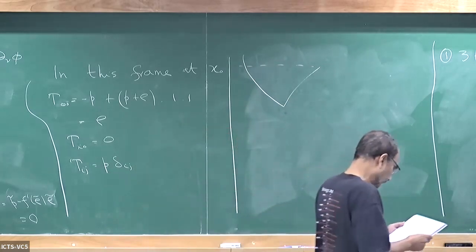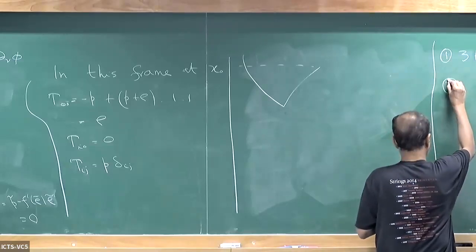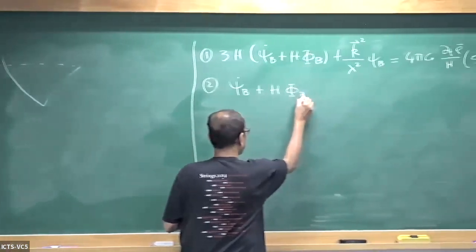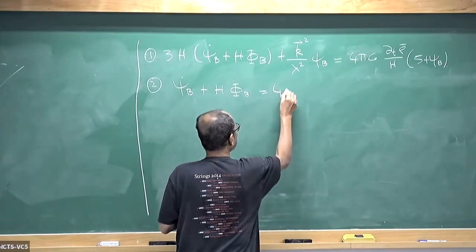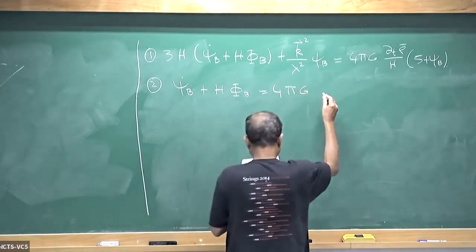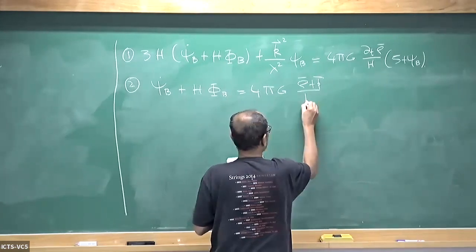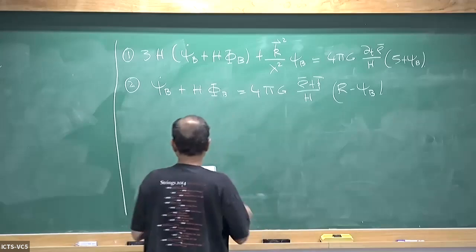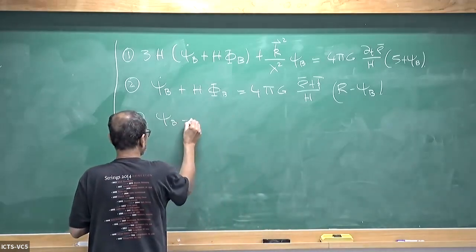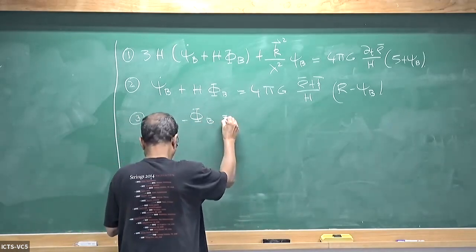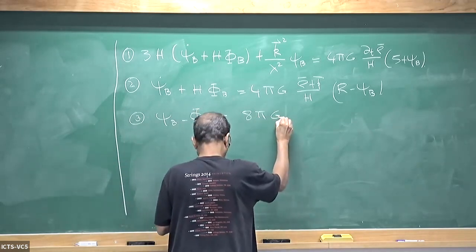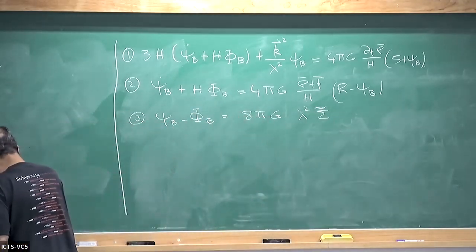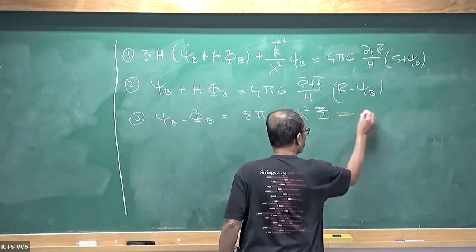Okay, so let me write the equations, then we'll see where the simplification occurs. So this one, I'm now going to set equal to 0, because sigma tilde is 0.